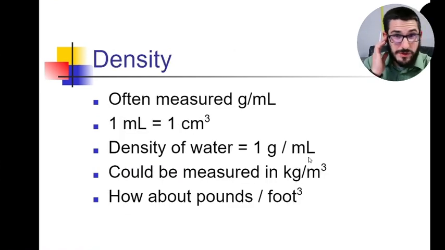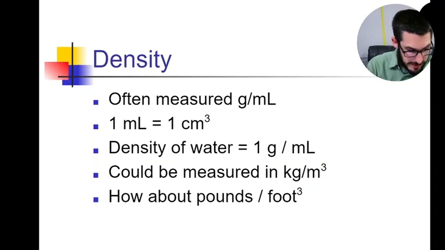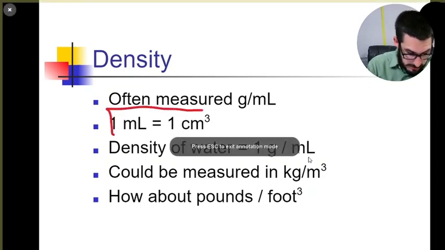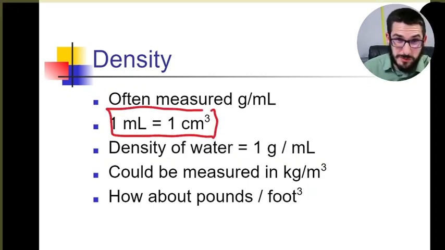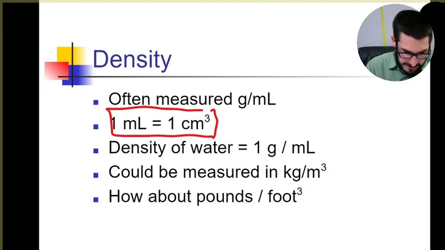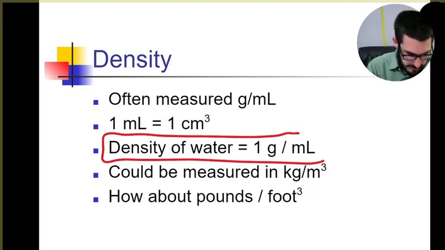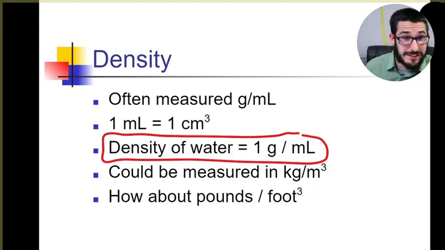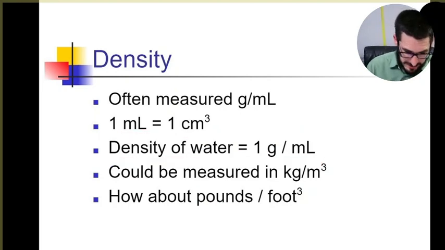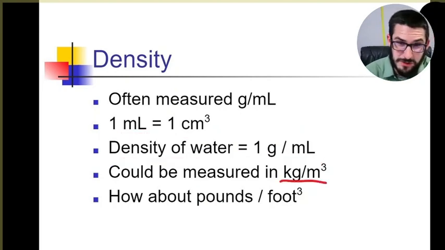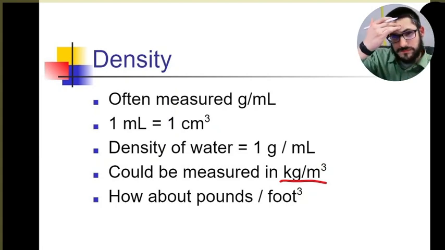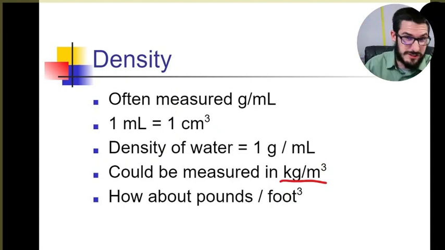Then density measured in grams per milliliter. You also need to know that 1 milliliter is the same thing as 1 cubic centimeter, so 1 centimeter cubed. And that's also on the back of your periodic table on that reference sheet. Also need to know that the density of water is 1 gram per milliliter. You could also measure that in grams per meter cubed, kilograms per meter cubed, or something like that, but it's just a different unit.